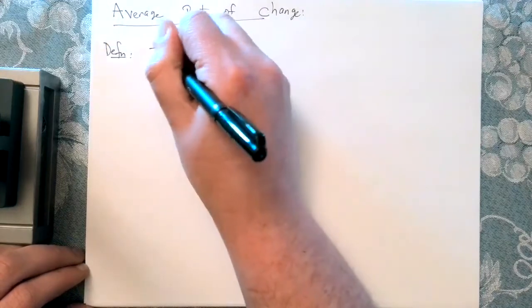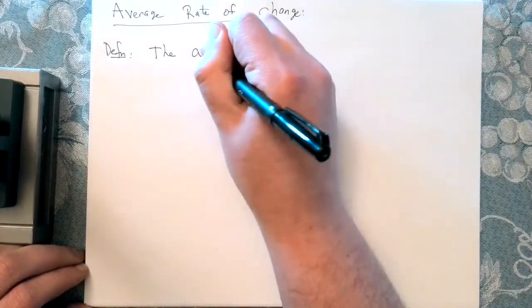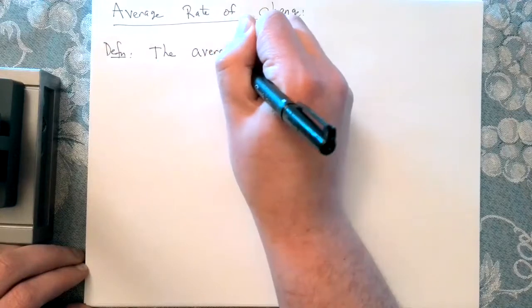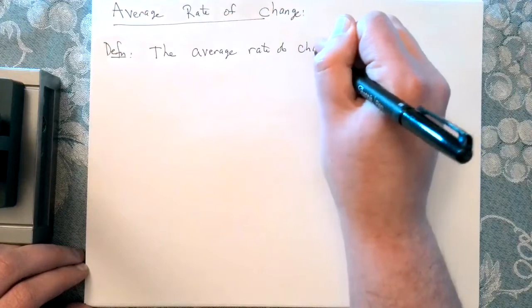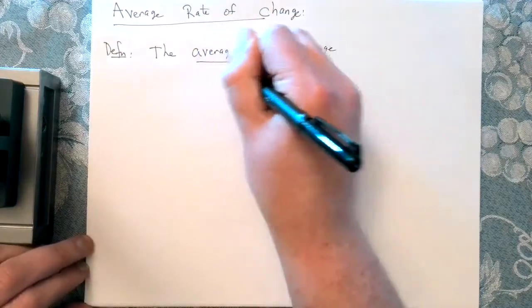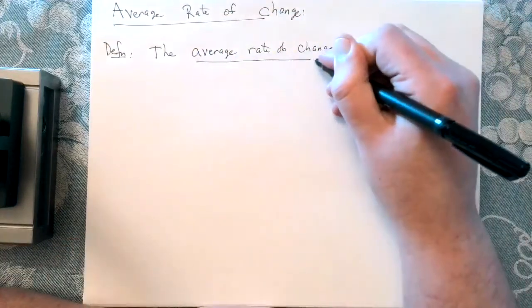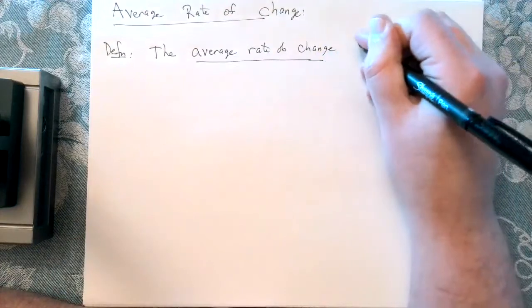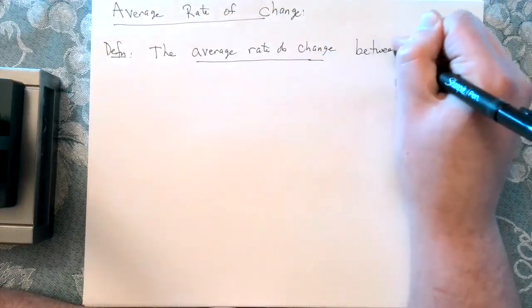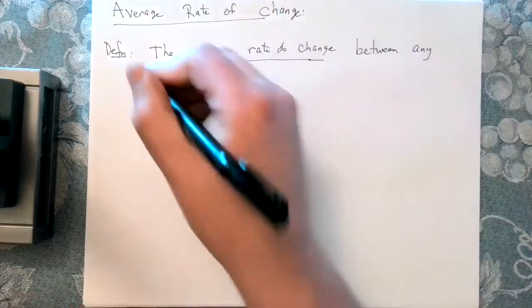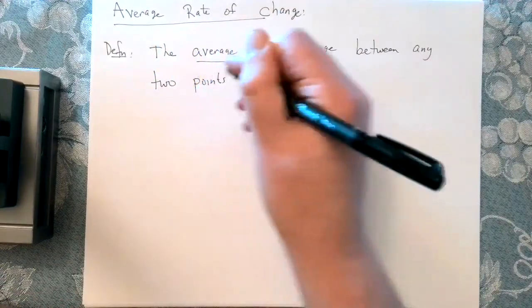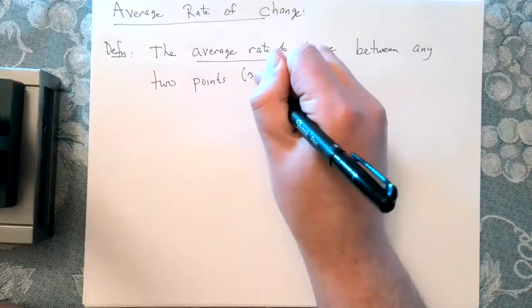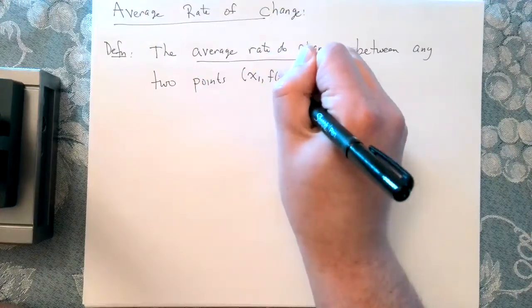So we say the average rate of change between any 2 points, let's call those points x1 comma f of x1, right?